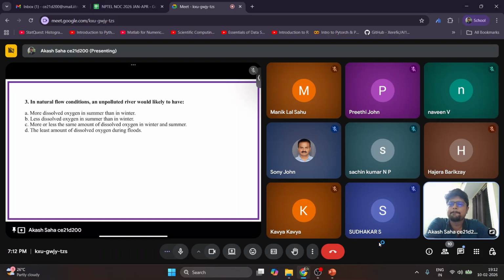Moving forward, in natural flow conditions, an unpolluted river would likely to have: A, more dissolved oxygen in summer than in winter; B, less dissolved oxygen in summer than in winter; C, more or less the same amount of dissolved oxygen in winter and summer; D, the least amount of dissolved oxygen during floods. So which of them is correct?